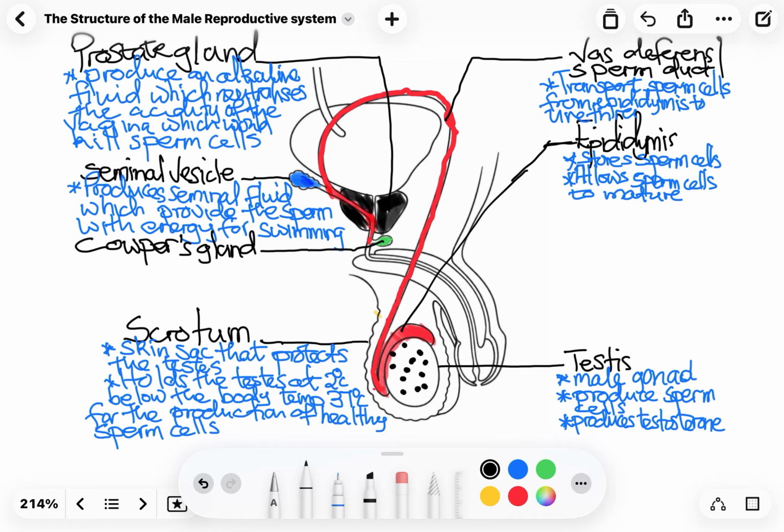All right, so we're going to say that the corpus gland secretes mucus, right, which helps the sperm or sperm cells with movement.